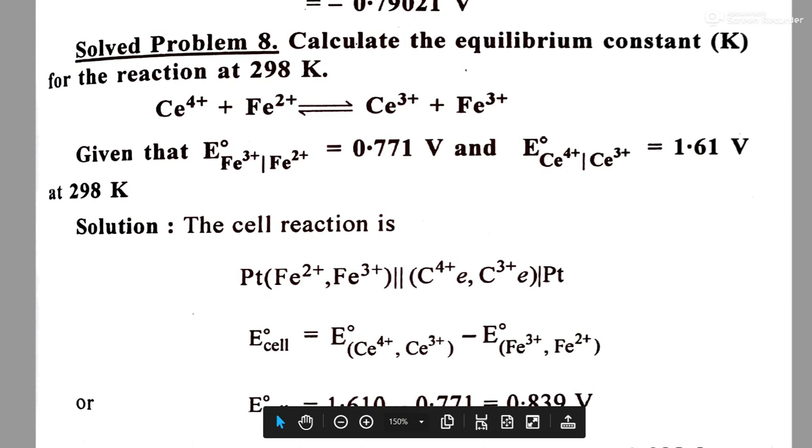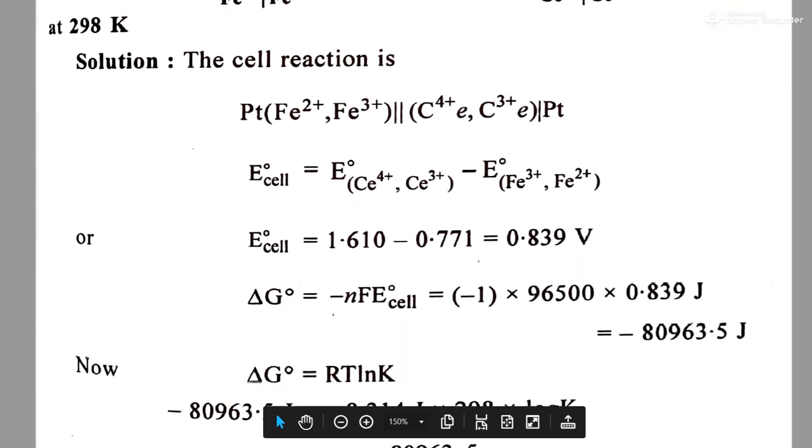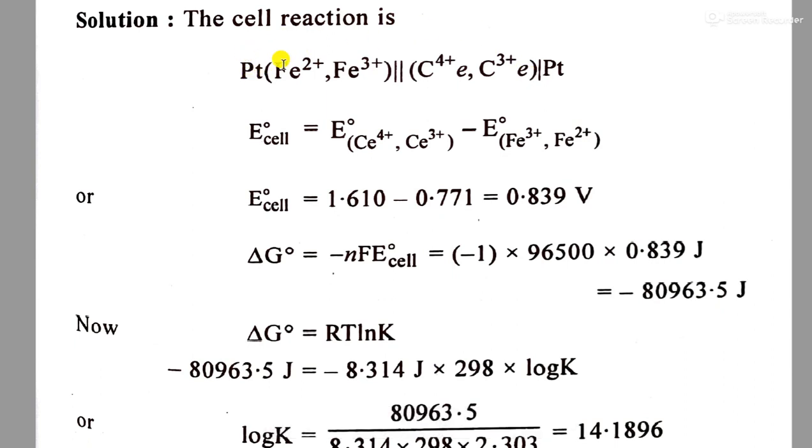So you can substitute all these given values in the Nernst equation. First, you have to write the cell reaction. The electrodes are platinum in both the solutions. So platinum, Fe2 plus, Fe3 plus, salt bridge, Ce4 plus, Ce3 plus, platinum. So this is the cell reaction.